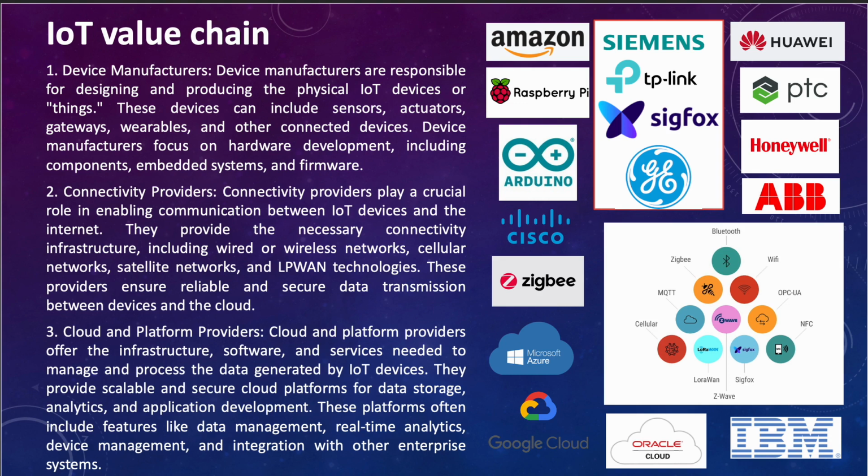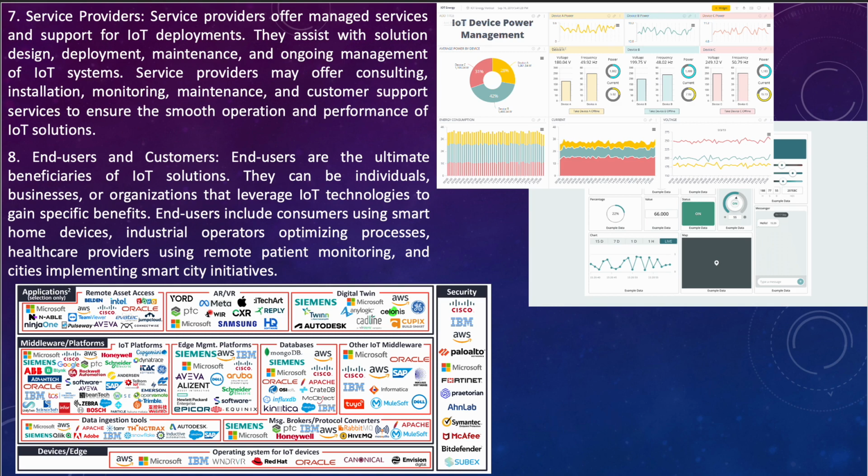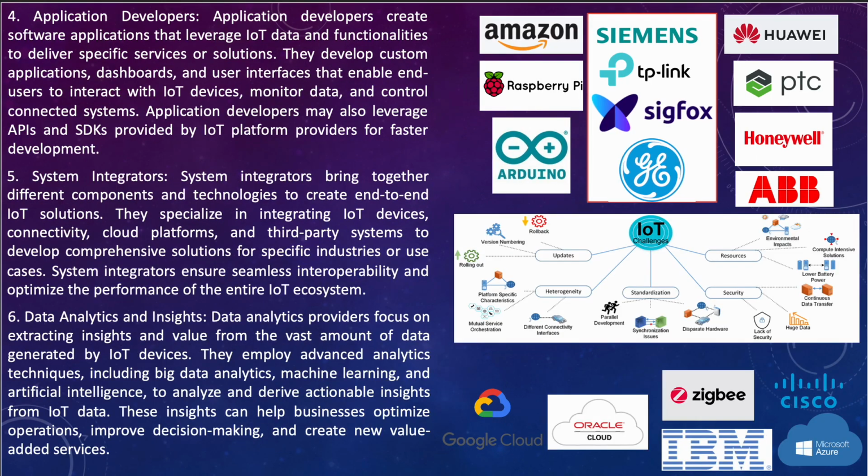So there's the device, connectivity, cloud, application development, system integration, data analytics, service providers, end user and customer. So we will talk about those topics which are much more needed. Those are the main topics that we have to check when talking about IoT marketplaces.